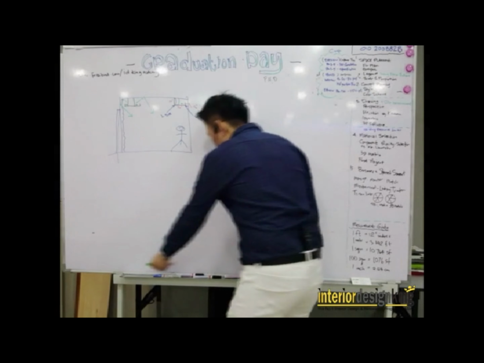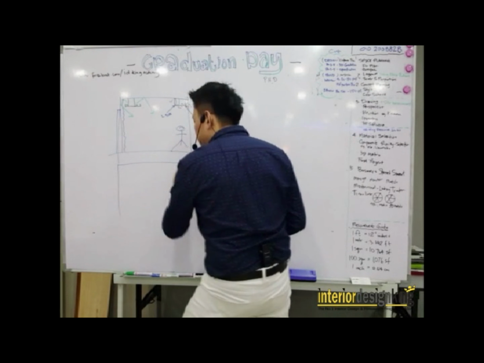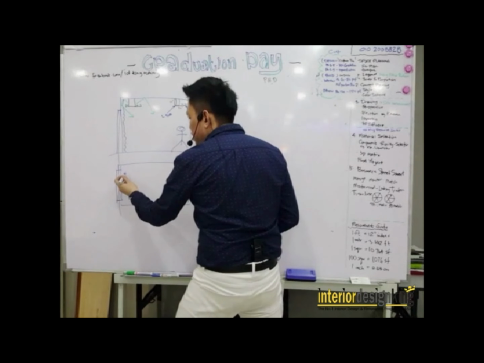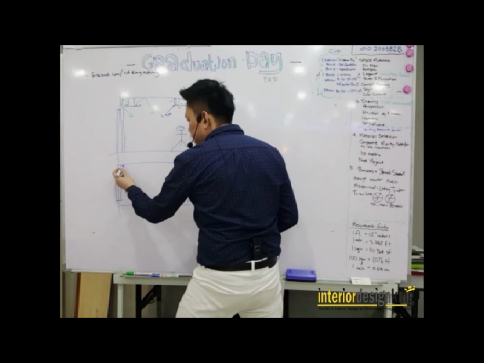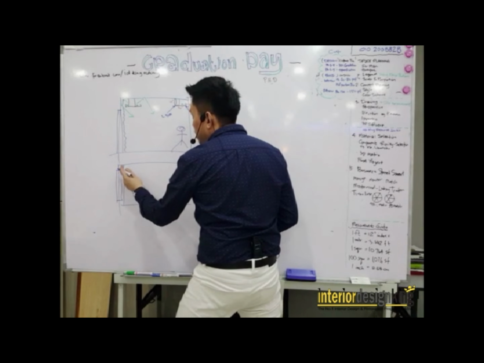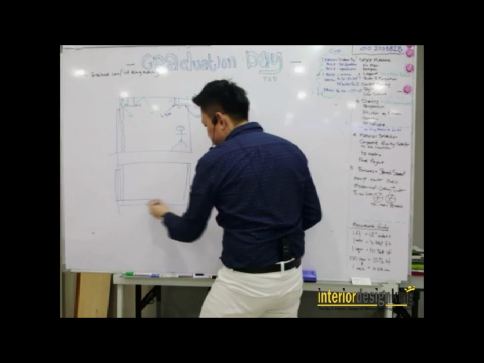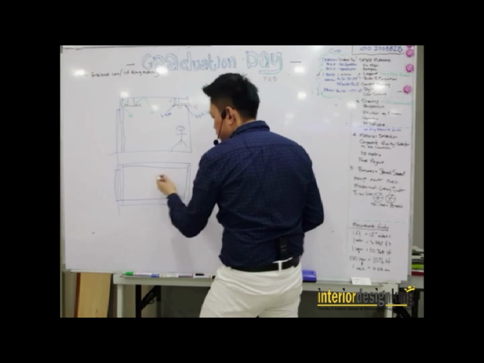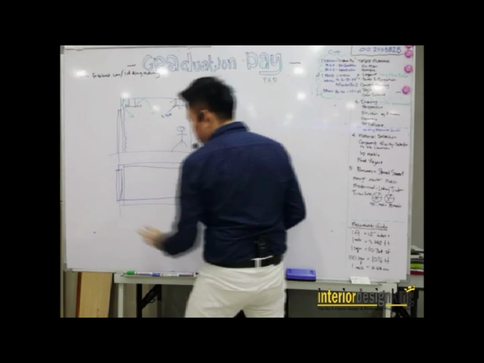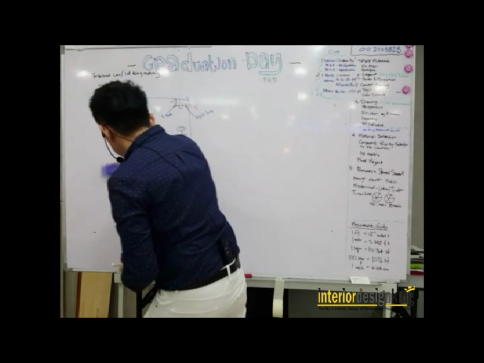Okay. So that is actually how you look at the cluster ceiling design. If you translate that into a floor plan, then it will look like this. For example, this is a sliding door. Then we are talking about this is a light box. Then this is a light box. Then I will do like that. Sorry, let me rephrase that.